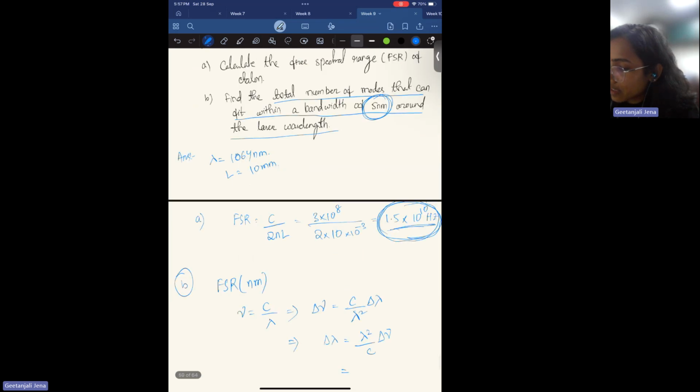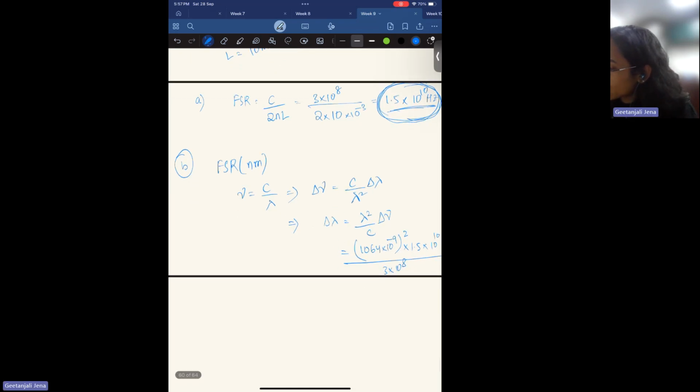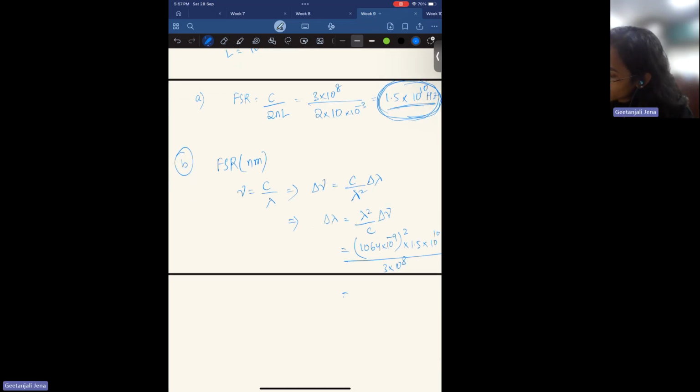So lambda is 1064 nanometer, that is 1064 into 10 to the minus 9, squared. Delta nu we have already calculated, 1.5 into 10 to the 10, divided by 3 into 10 to the 8. If you calculate all these parameters, you get delta lambda of around 0.0564 nanometer. So this is the FSR in nanometer.